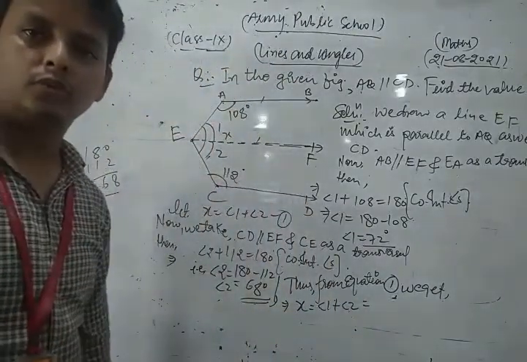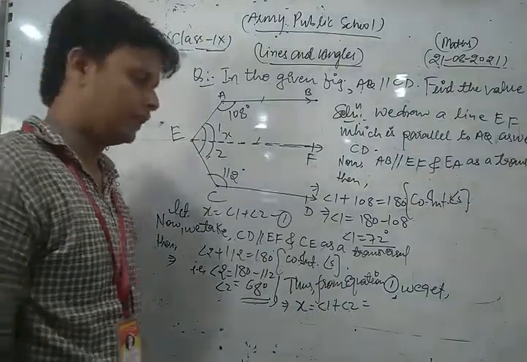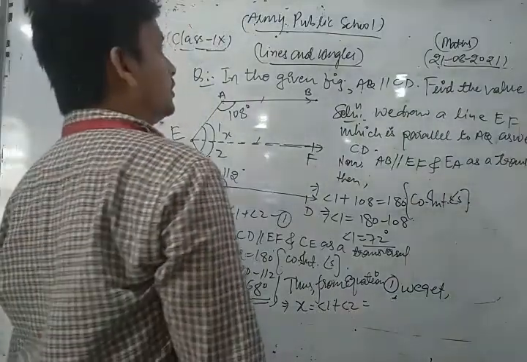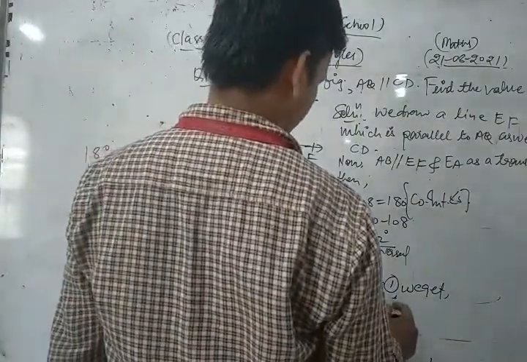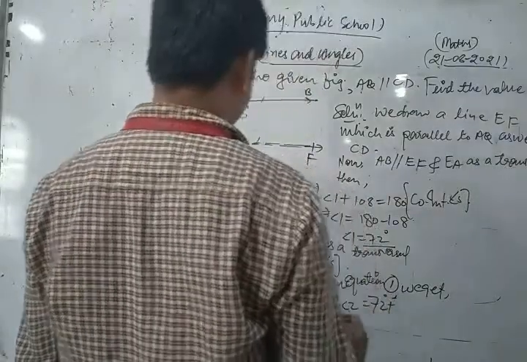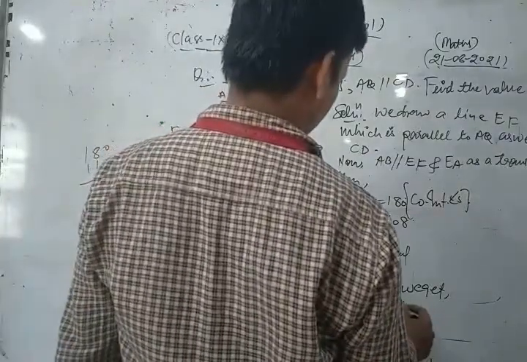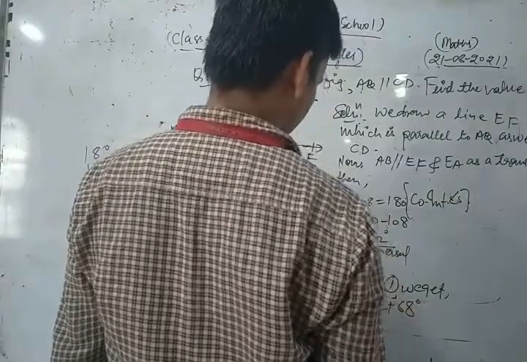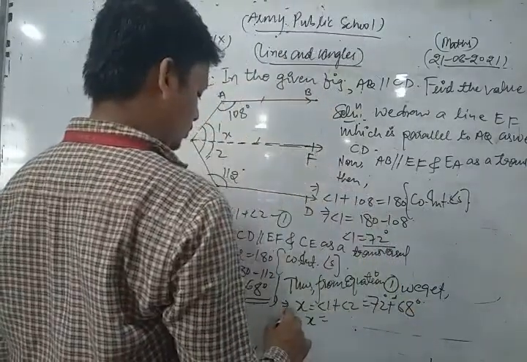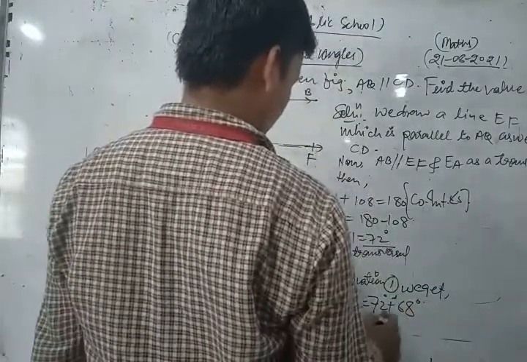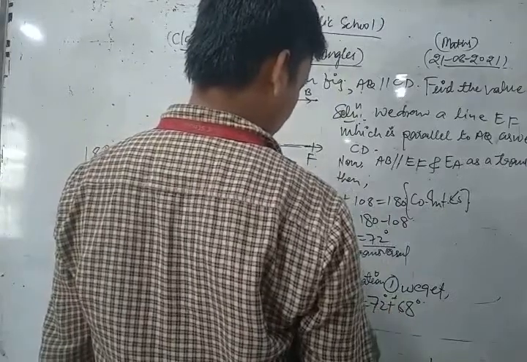We put angle 1 as 72 degree plus angle 2 as 68 degree. So x is equal to 140 degree.